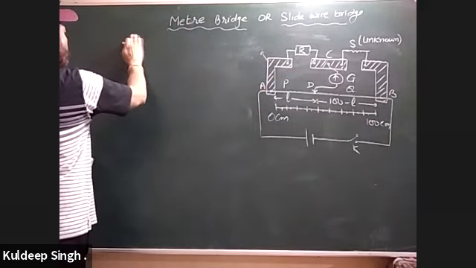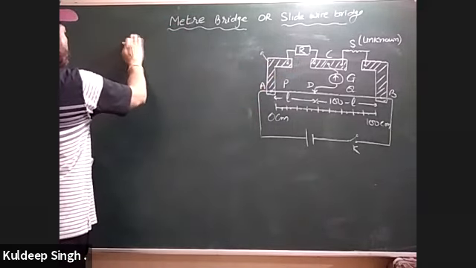Solve these two equations. This is your homework. You can do it. तो जब आप इन दोनों इक्वेशंस को सॉल्व करेंगे, you will get L equal to 40 cm. So by putting this 40 centimeters in equation 1 or 2, any one, you will get S.